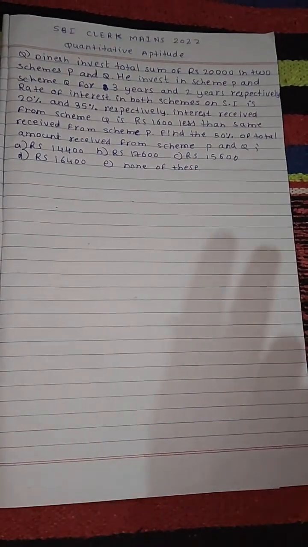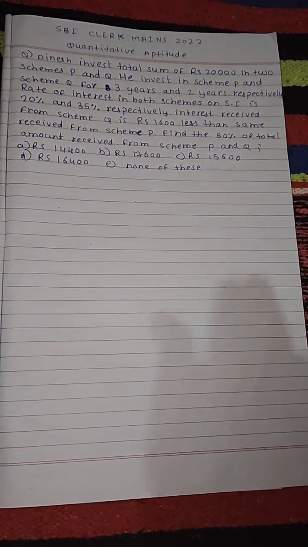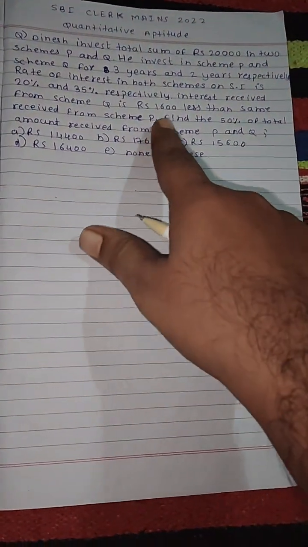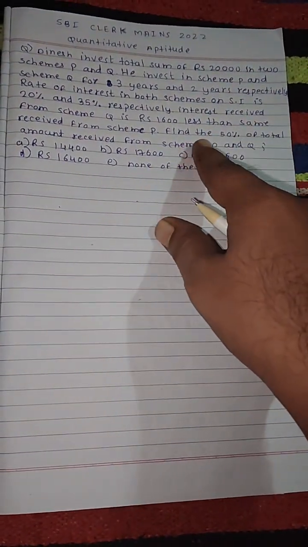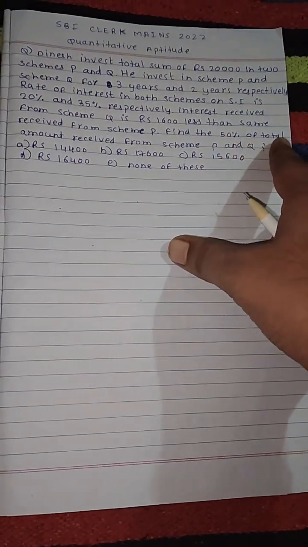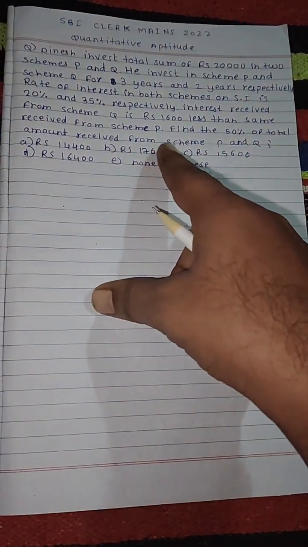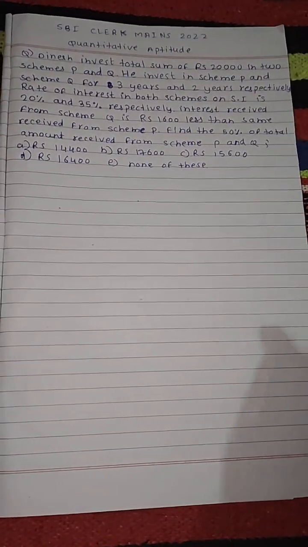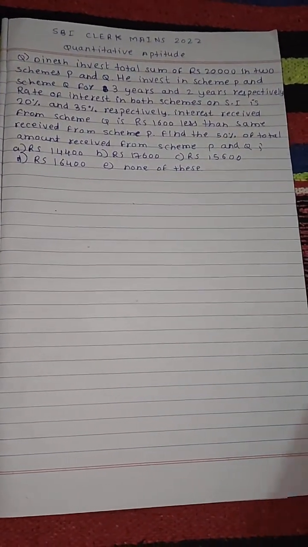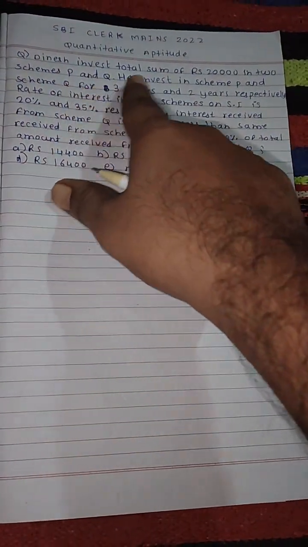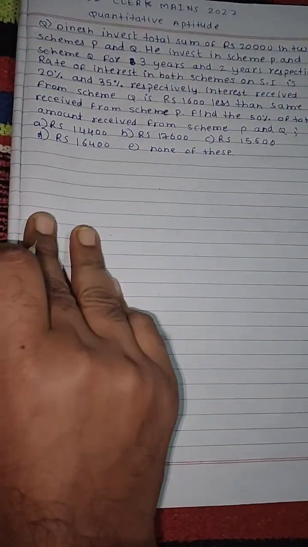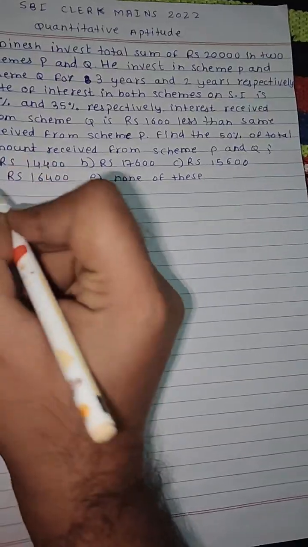This is the meaning: in Q he got 1600 less than what he got in P. So up to here it is given. We need to find 50% of the total amount received from P and Q, that is, how much amount he received after investing 20,000 in both the schemes. We'll note down the info given one by one.